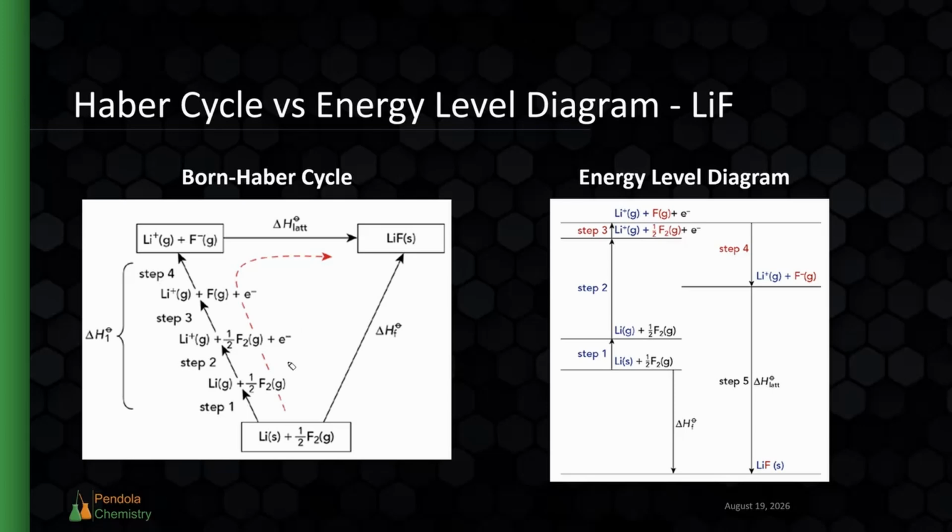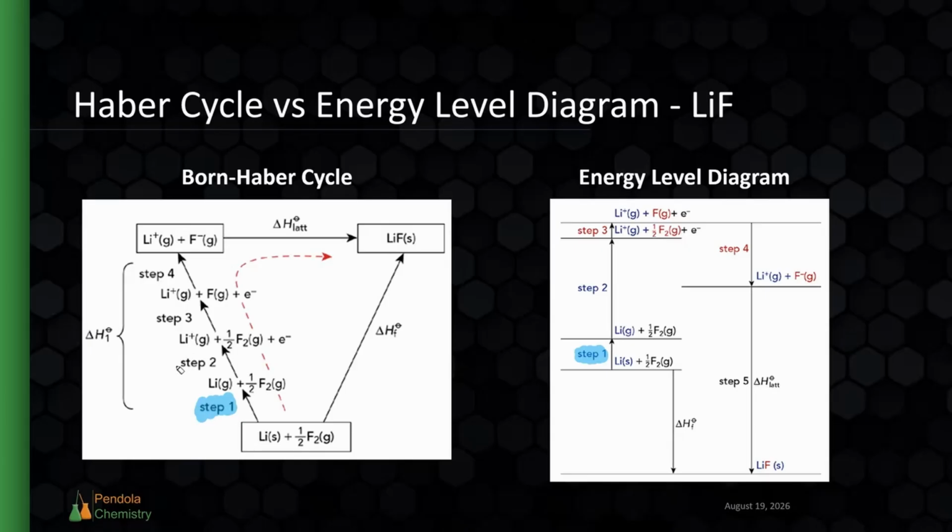We have step number 1 here, going from that lithium solid plus 1/2 F2 gas to the lithium gas plus 1/2 F2 gas. That step is right here. Notice, same beginning, same end. This one points up because it's endothermic. This one just points this way because that's how we're drawing it.